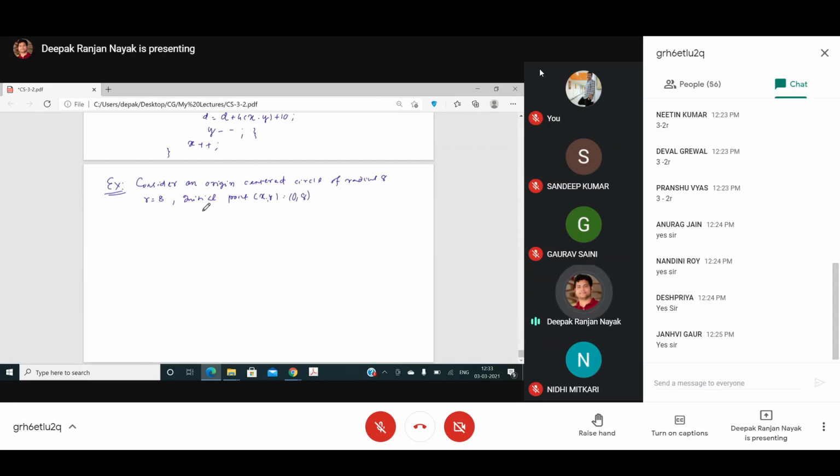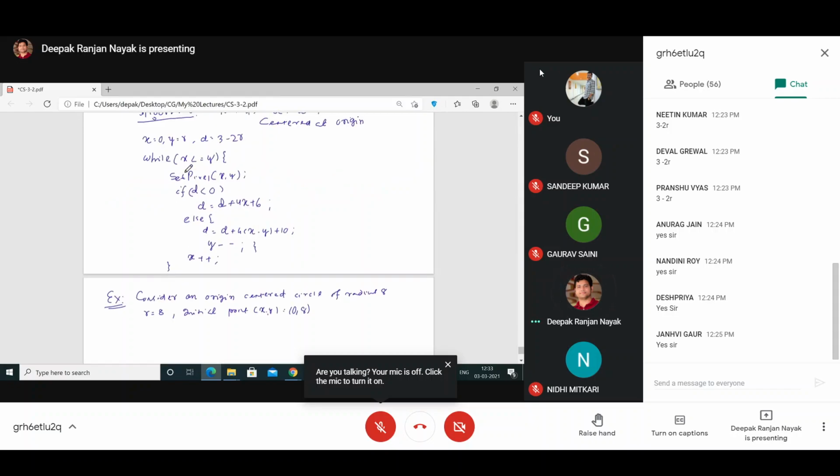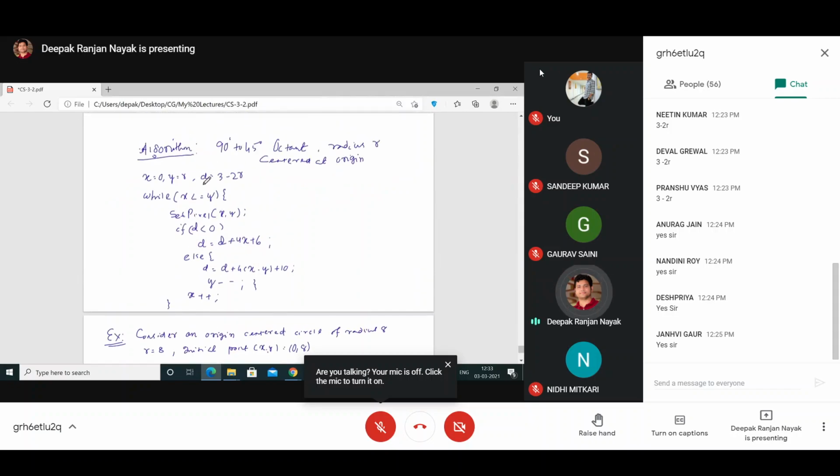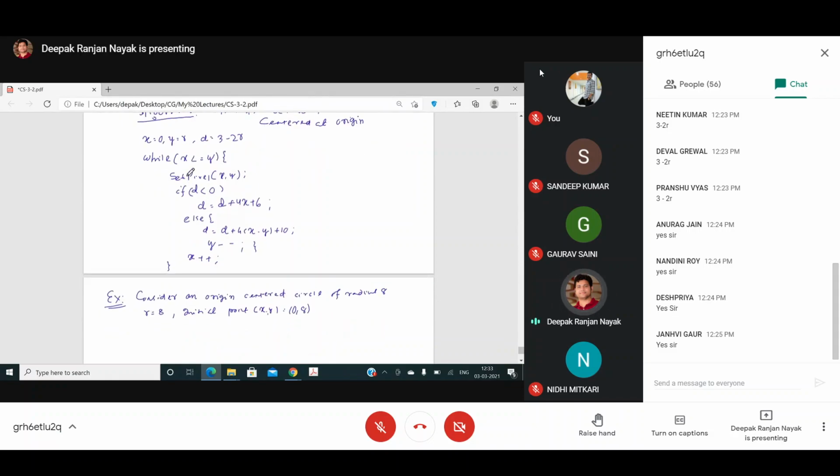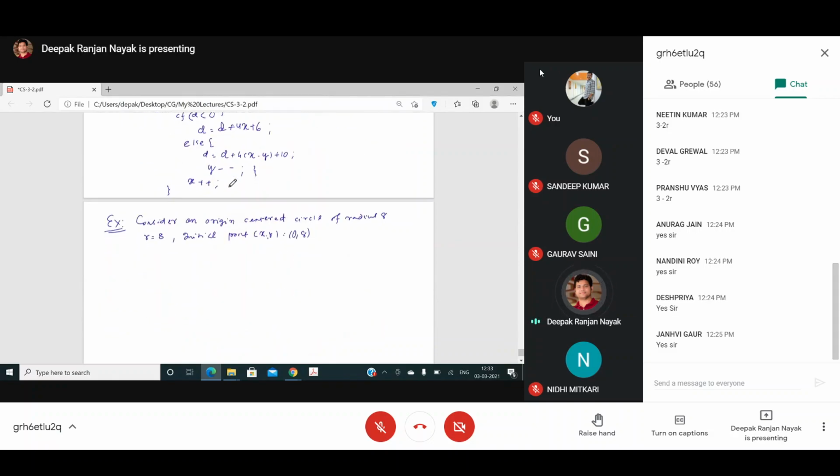You have to start with this point, and then draw the points until some stopping criteria. The stopping criteria, we all know, is x less than or equal to y. We'll try to solve it right now with the help of the algorithm that we already know. It's very easy, similar to Bresenham's line drawing algorithm. It's not that difficult.